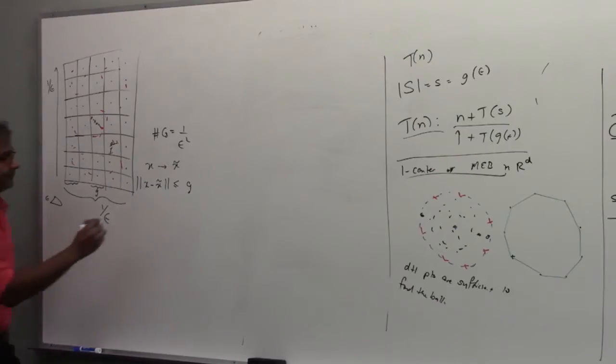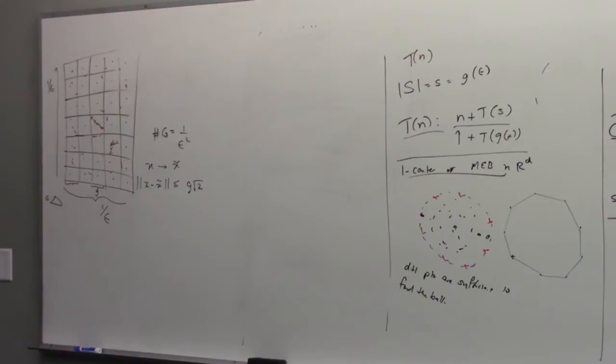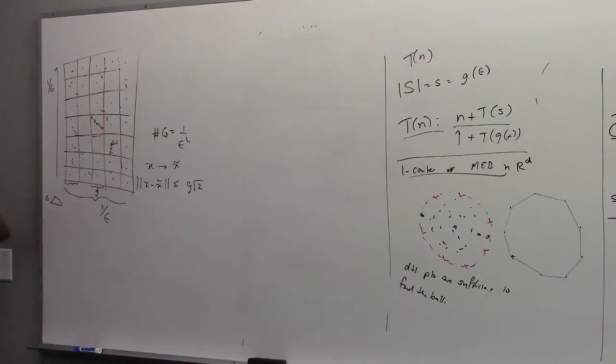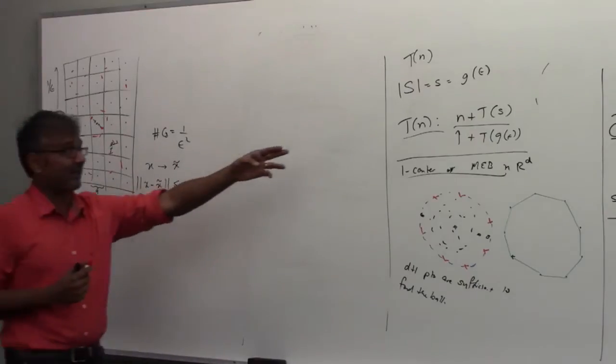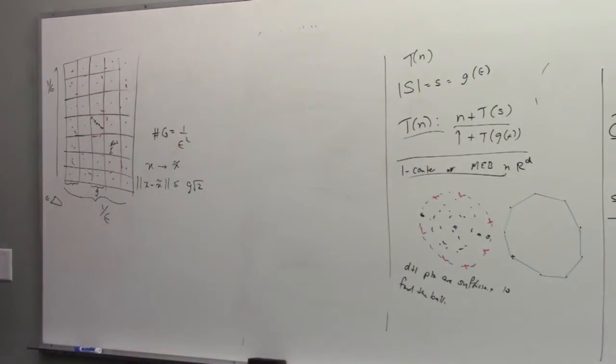So there's some error, but you can actually talk about this error. And now I'm just going to cluster the points in the grid with some weighting associated with how many points are in the cell. So just like before, I took my data set, I transformed it to some set of small size, and I ran the clustering algorithm, and I pay some error in the process. And so the question is how much error I'm going to pay.